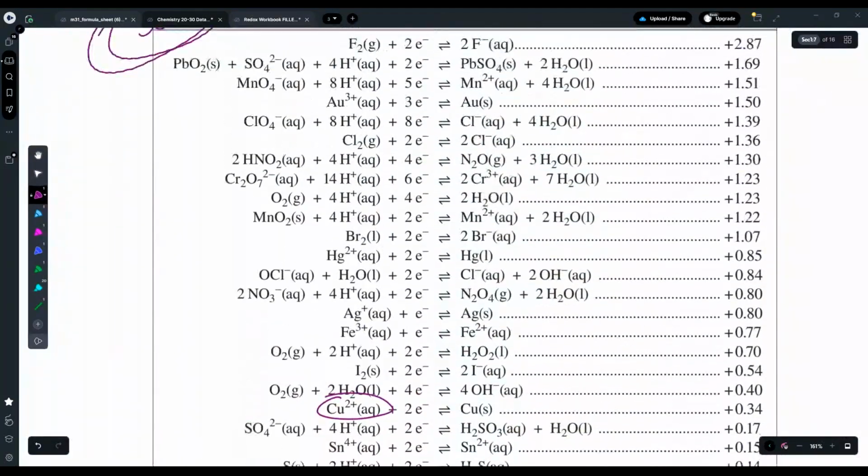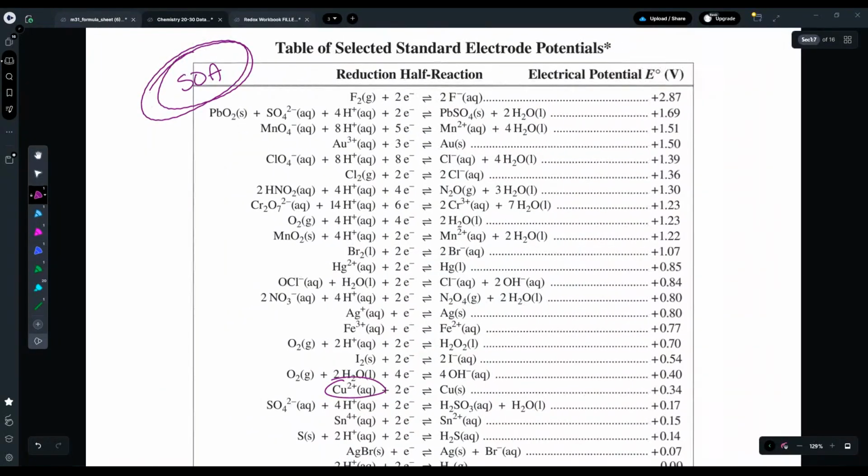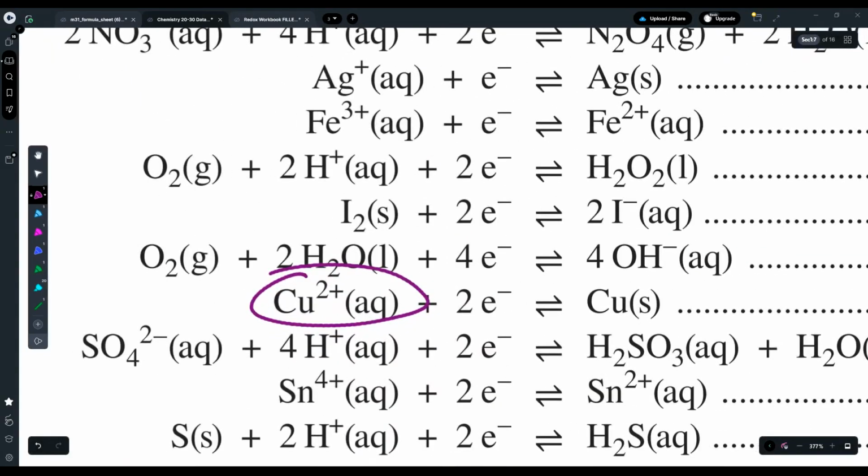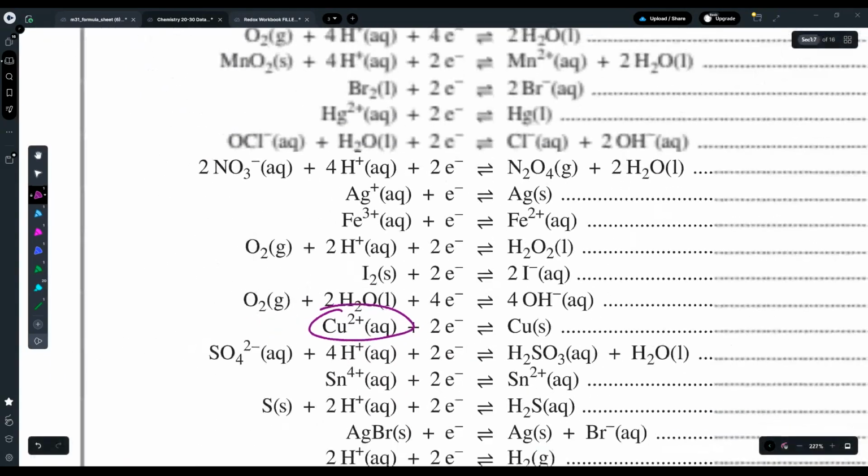And since this is the first species that I run into on the left-hand side, that's telling me, okay, copper 2+, that's my SOA. The SOA reaction is going to happen at your cathode because remember, red cat gets fat. So reduction happens at the cathode. Your strongest oxidizing agent helps other things to get oxidized, but it itself undergoes reduction. So copper 2+ is being reduced at the cathode.